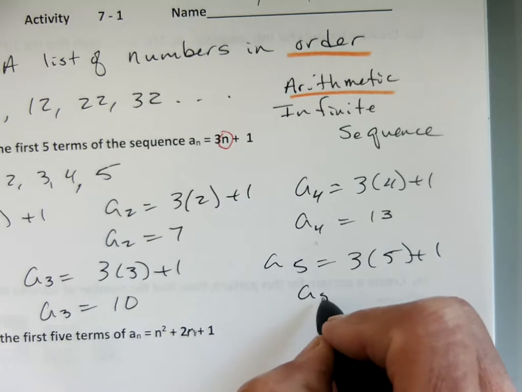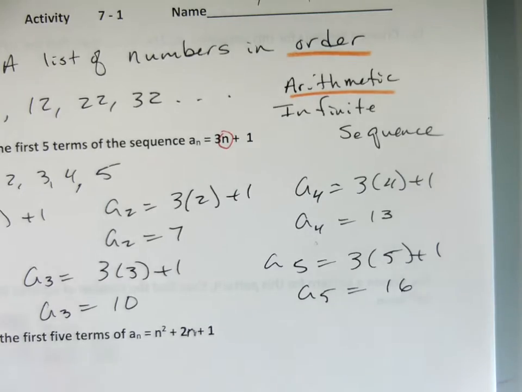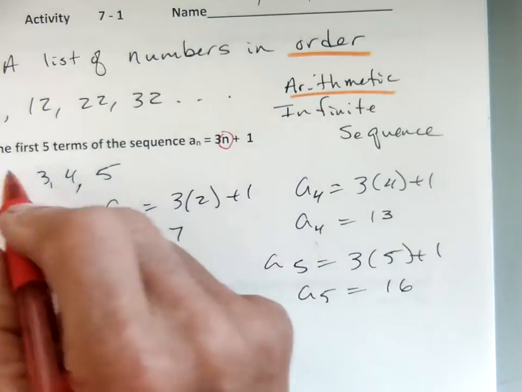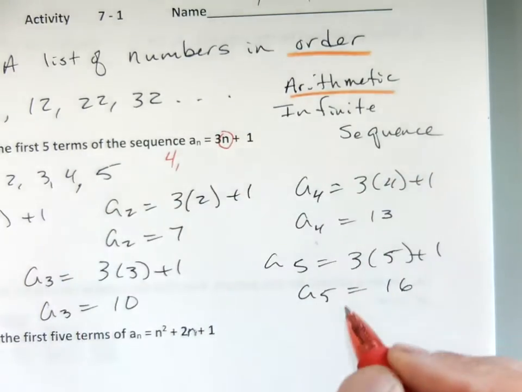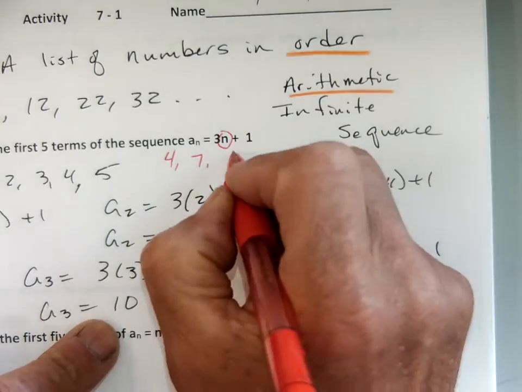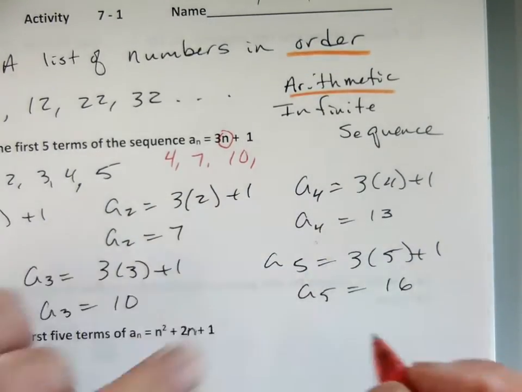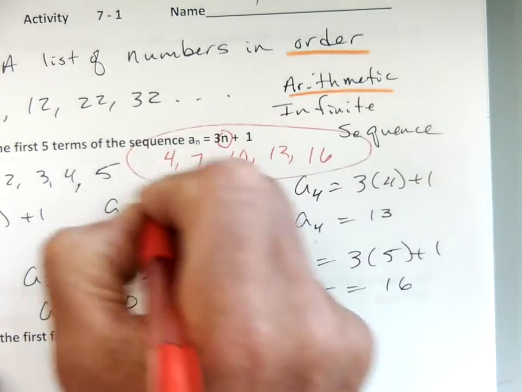So A5 is 16. So what we can do is list it as our answer. So I'm going to go ahead and say first 5 terms is going to be 4, comma, 7, comma, 10, comma, 13, comma, 16. Okay.